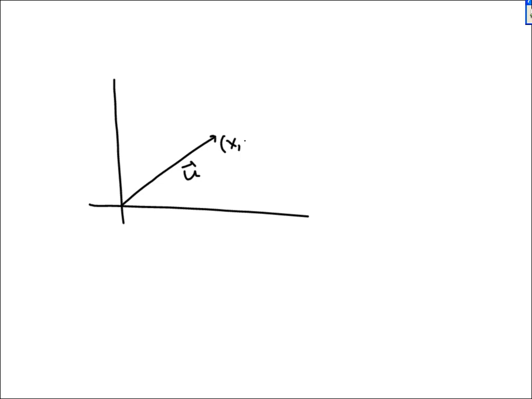It's just the length of a line. You have this vector, vector u, and now look, I meant to say the head is at x, y, and the tail is at the origin.